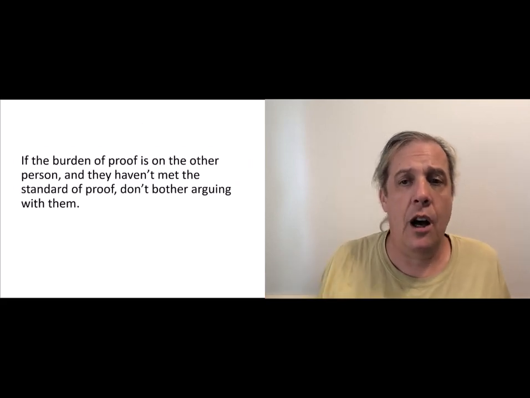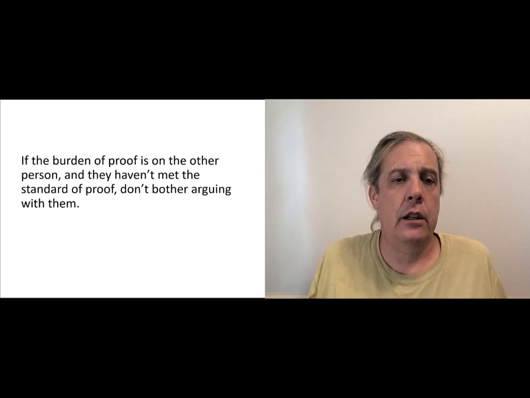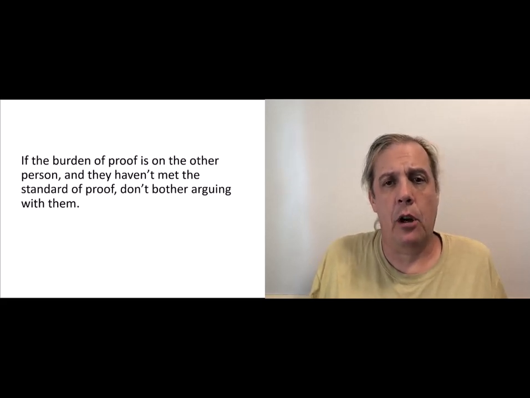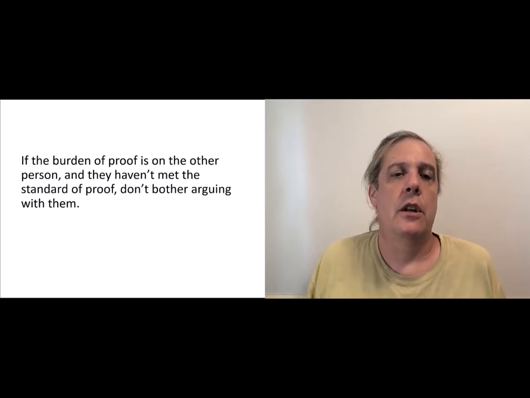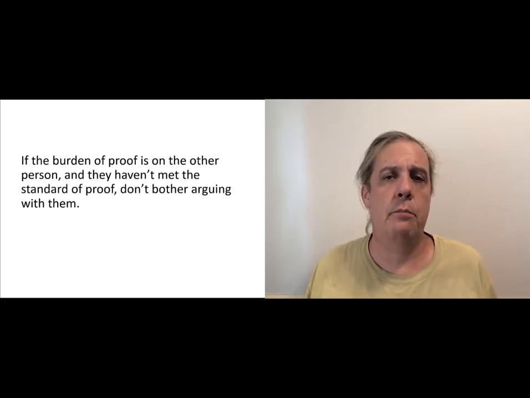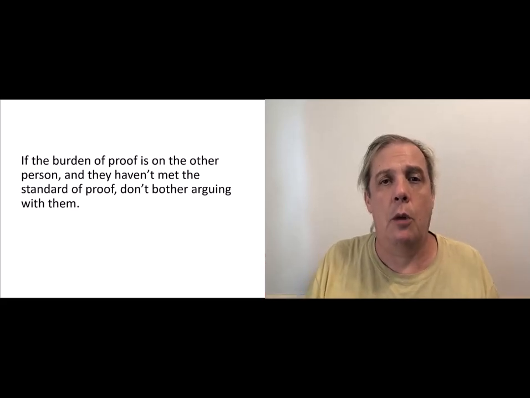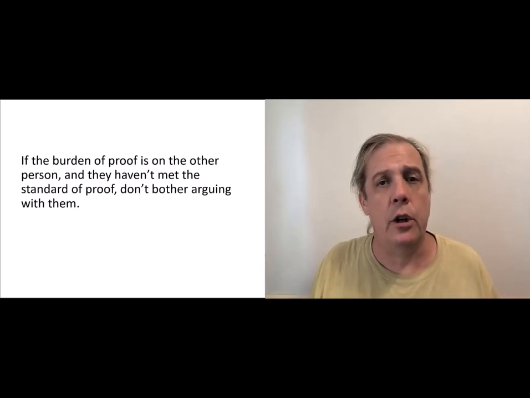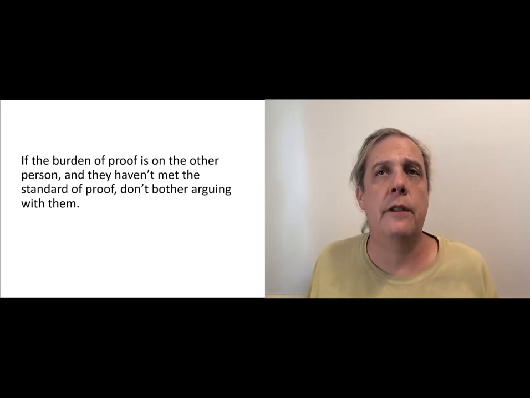So a common tactic in informal argument, people arguing on the internet, people arguing in bars, ordinary circumstances, is for them to try and push the burden of proof off on you when it's not really on you.